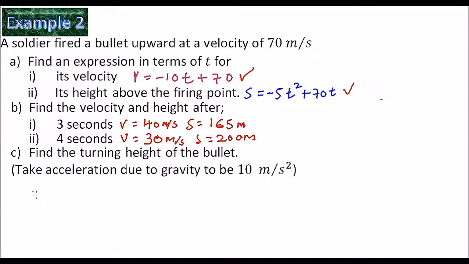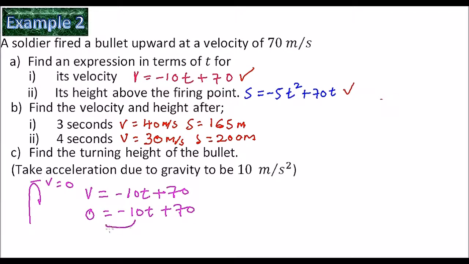Part C, find the turning point of the bullet. Now in this part, we know that at the turning point the velocity is 0, and therefore when the velocity is 0, we can find the time. So we have velocity is equal to minus 10 t plus 70. If velocity is 0, then minus 10 t plus 70 equals 0.